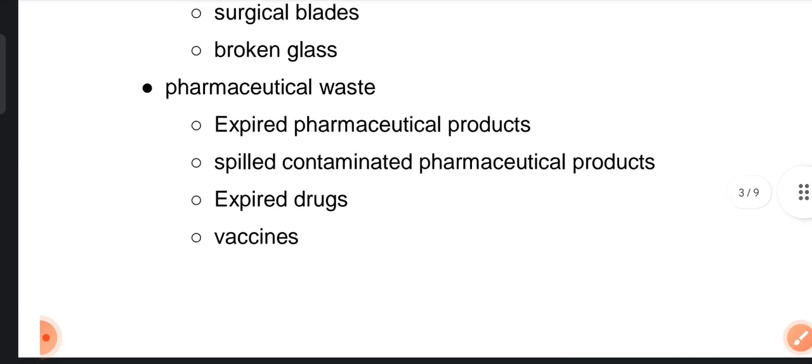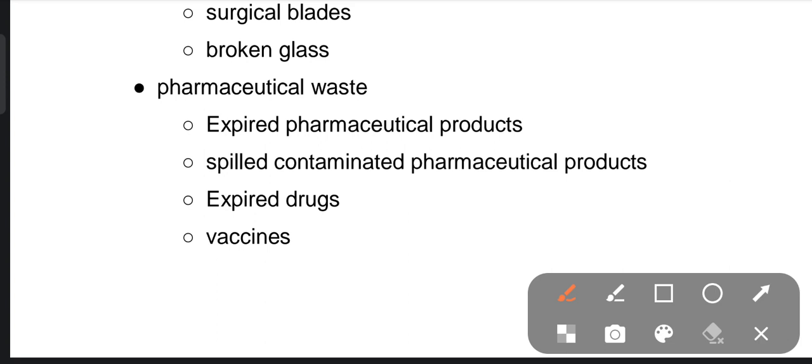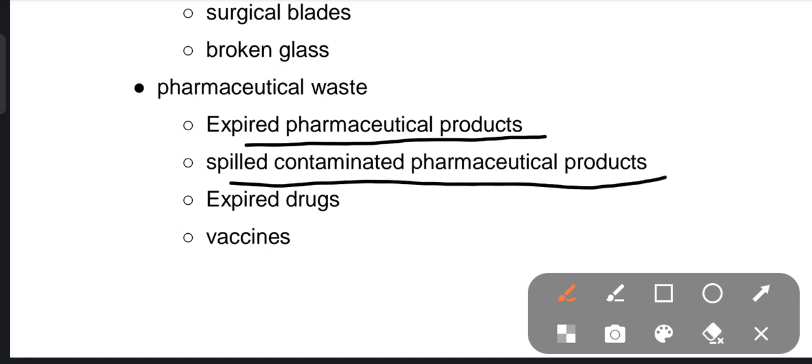And the next is the pharmaceutical waste. Pharmaceutical waste comes from pharmaceutical companies. In the companies they develop and create the medicines, drugs. Those are expired pharmaceutical products, spilled or contaminated pharmaceutical products, and expired drugs and vaccines.